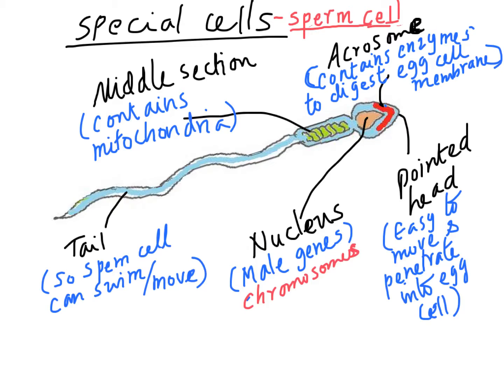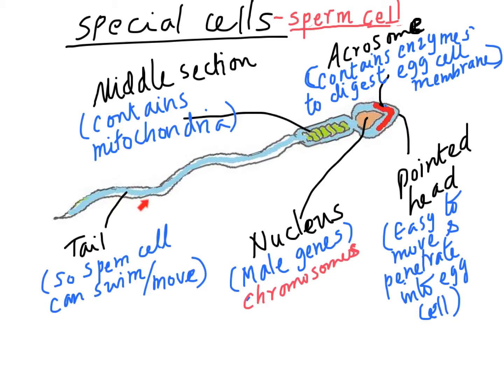You've got the acrosome. The acrosome is a part near the tip, near the head of the sperm cell. This contains enzymes that allow the sperm to digest through the egg cell membrane, so it can go into the egg cell, so the nucleus of the male can fuse with the nucleus of the egg cell of the female.